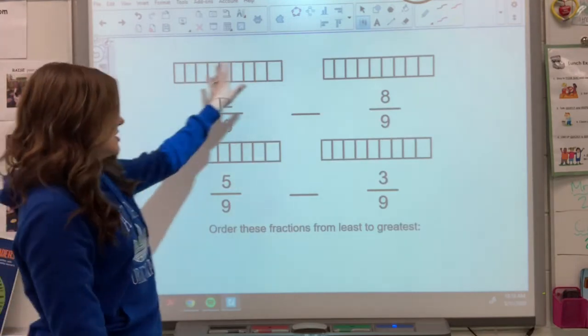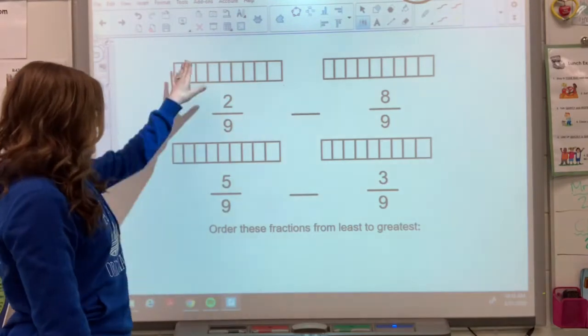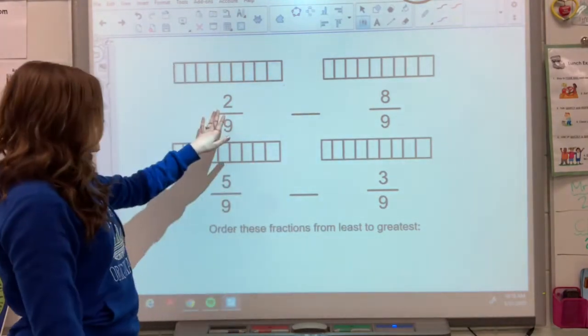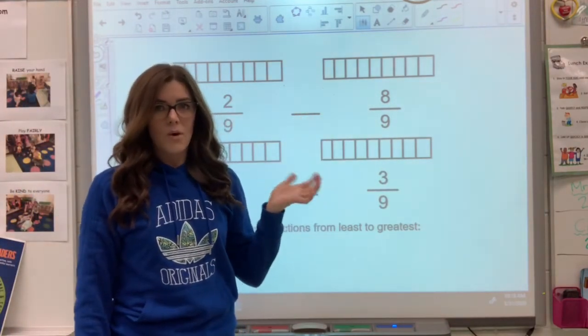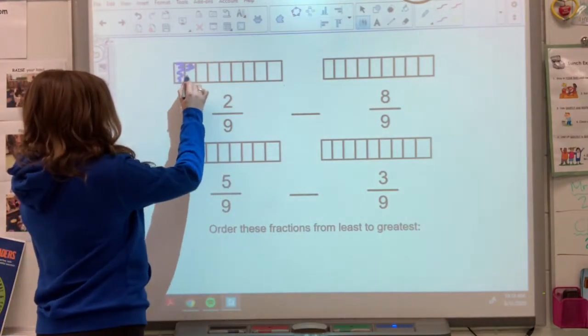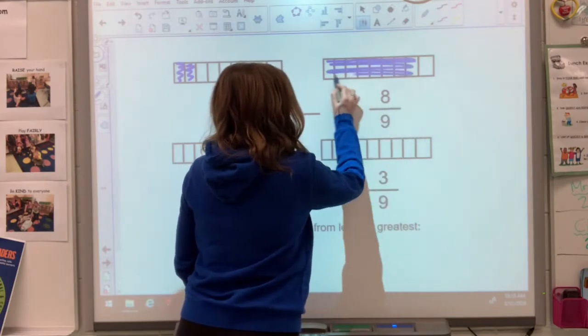Next. Fractions don't always have to come in circles. They can also come in fraction bars as well. So here I have some fraction bars cut into ninths. So I have 2/9 compared to 8/9. I can color them in if I want, or I can just look at the top number, the numerator. I'm just going to color these in really quick so that you guys can see how it would look comparing fraction bars.